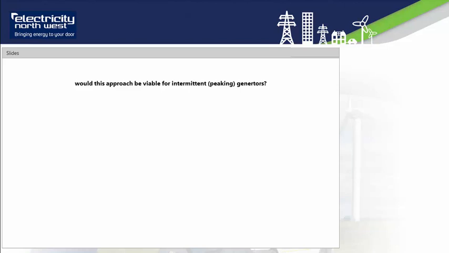If it felt that the break fault rating was exceeded, and I must stress that we are only looking at the break fault rating, not the make or the peak make, then the adaptive protection, if we've put the particular technique either at the generator customer site or at the primary site, where the fault level issue is, will actually enable the relevant technique. So it can work for intermittent generation as long as we've got visibility in the SCADA system to allow a fault level calculation based on a change of a circuit breaker.